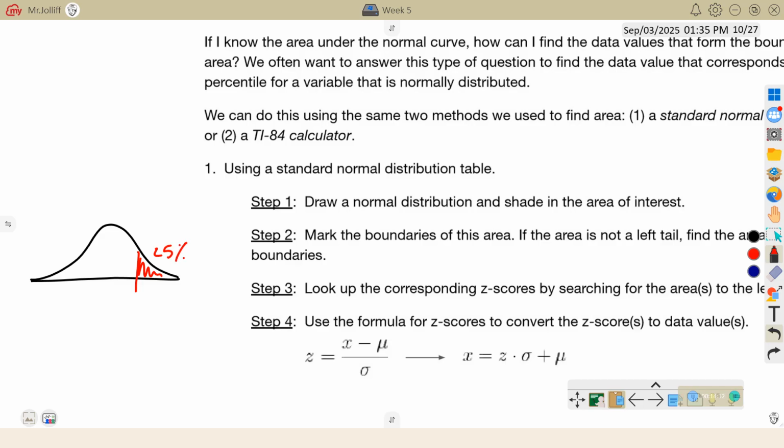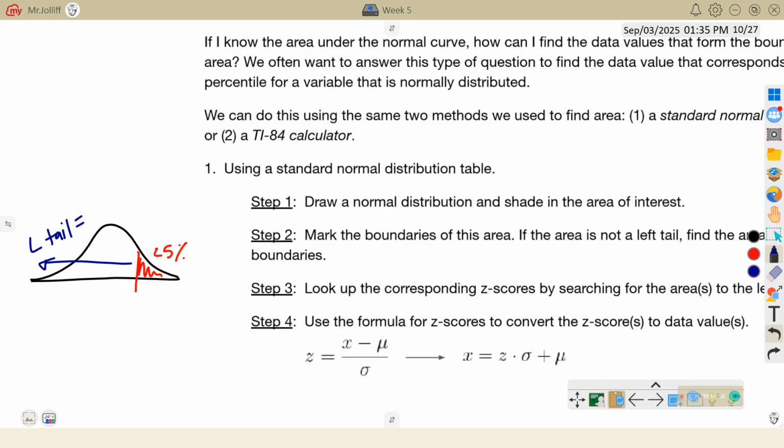The data table, as we learned last time, only does left tails. It doesn't know how to answer that question. I need to know what's to the left of my boundary, not what's to the right. I need to answer that question because that's what I'm going to look up in the table.